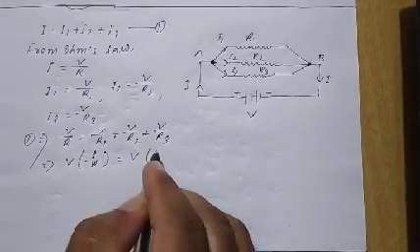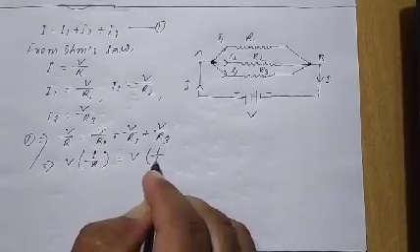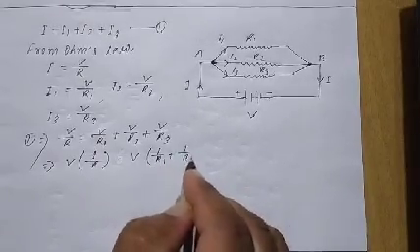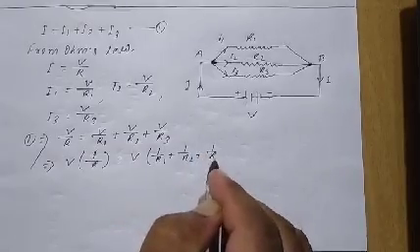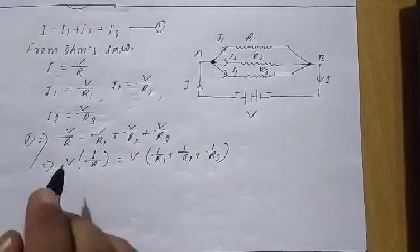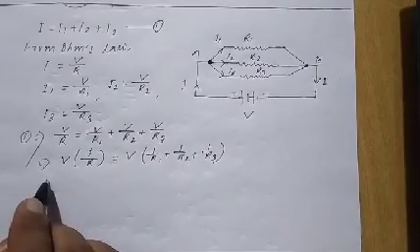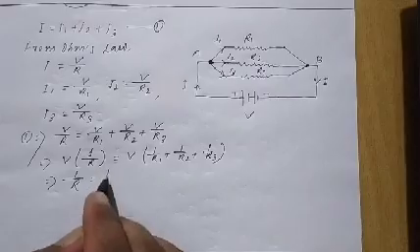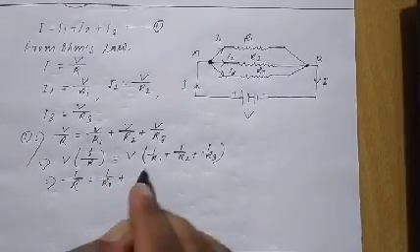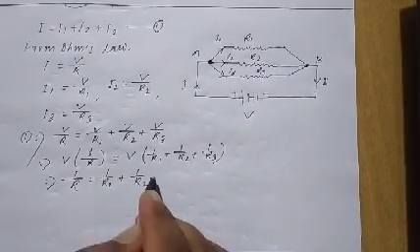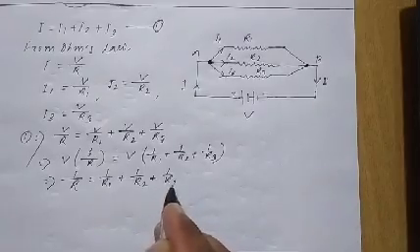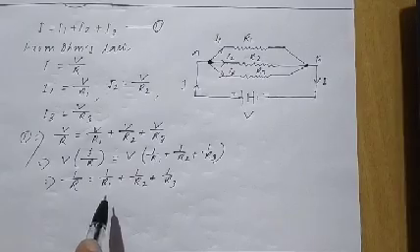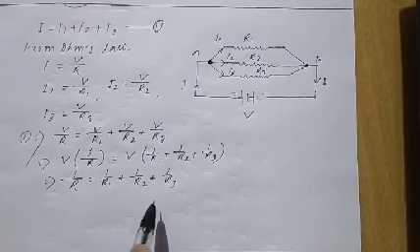After taking V common, we get 1 by R1 plus 1 by R2 plus 1 by R3. Cancelling V from both sides, we get 1 by R equal to 1 by R1 plus 1 by R2 plus 1 by R3. In this way we can find the value of R knowing the values of R1, R2, R3.